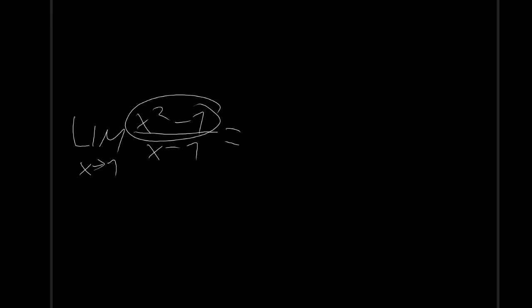I wanted to say that if you ever get something invalid in the bottom part, a 0 or infinity, the first thing I would do is try to find out what the top is.